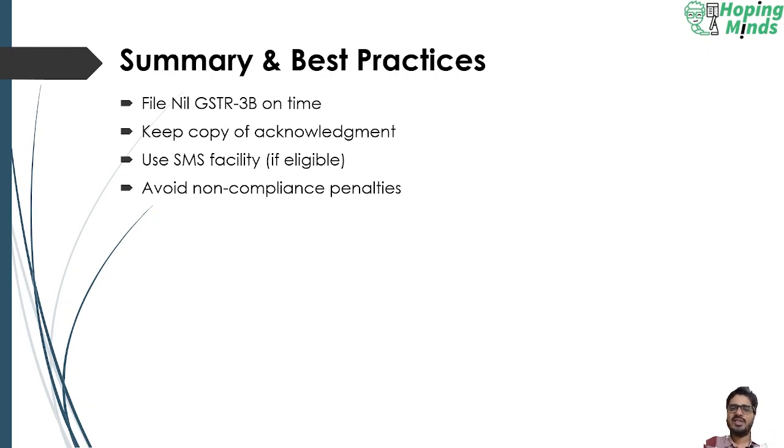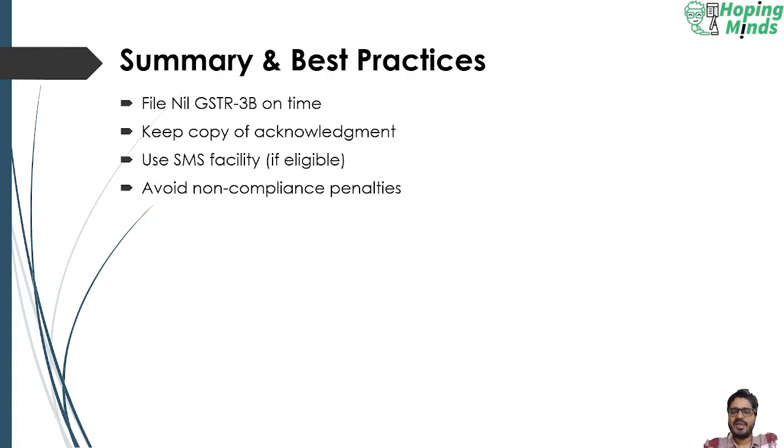So nil GSTR-3B return can also be filed through SMS. For filing of nil GSTR-3B through an SMS, the taxpayer is required to send an SMS to 14409, where he should write nil, then space, then 3B, then again space, then the 15-digit GSTIN number, then again space and the tax period, that is month and year.